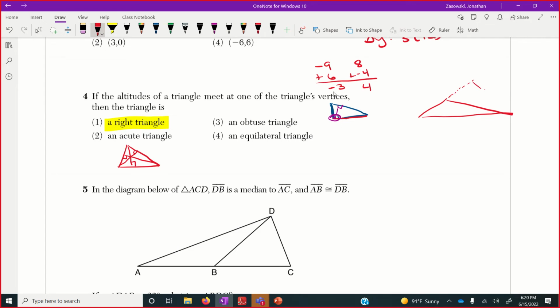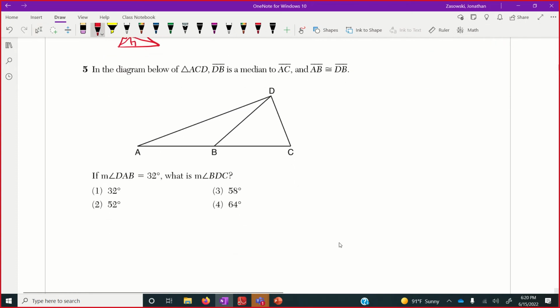So when it's an obtuse triangle, your altitude is actually outside the triangle. And an equilateral triangle is the same thing as acute, so this would be inside as well. So choice 1, the right triangle, would be correct. Outside, obtuse triangle; inside, equilateral triangle.